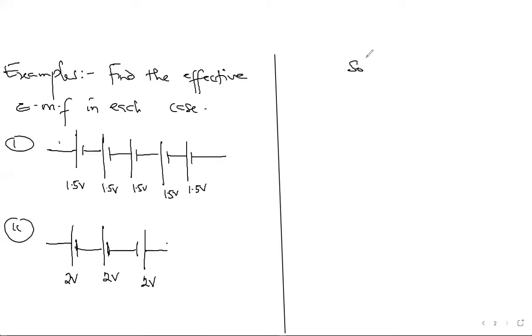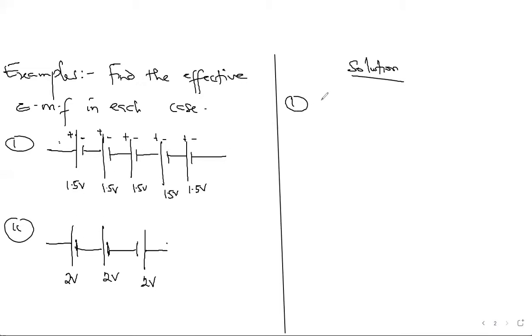Now, how do we solve that? First, you need to know which one is the positive terminal and which one is the negative terminal. You know, the longer one is the positive and the shorter one is the negative. So this is positive, negative, positive, negative, positive, negative, positive, negative. Now you can see that there is no wrong connection here.